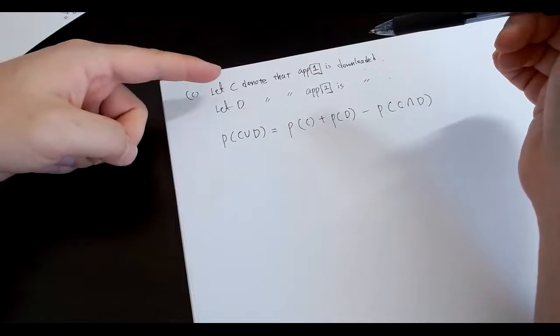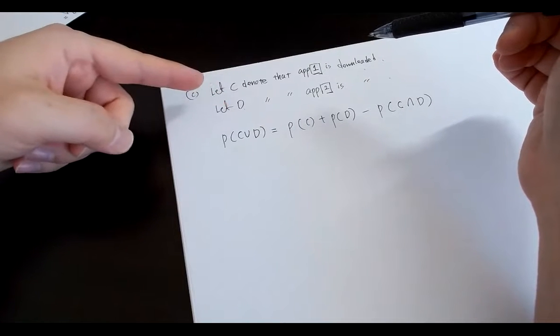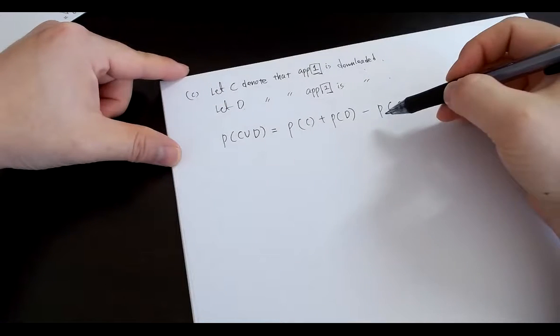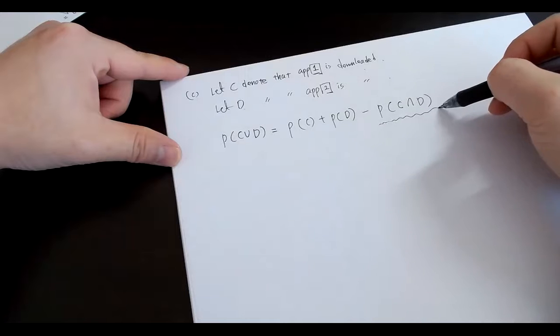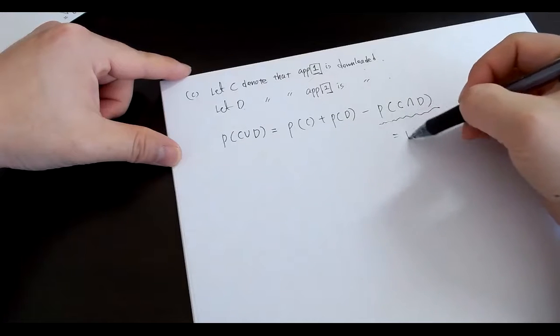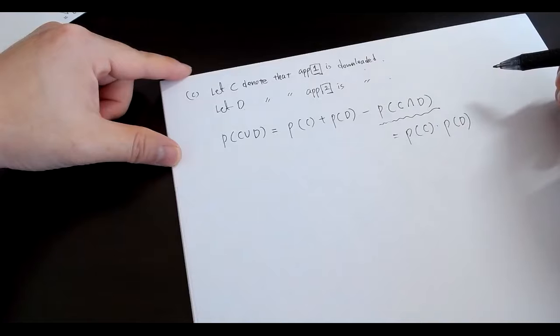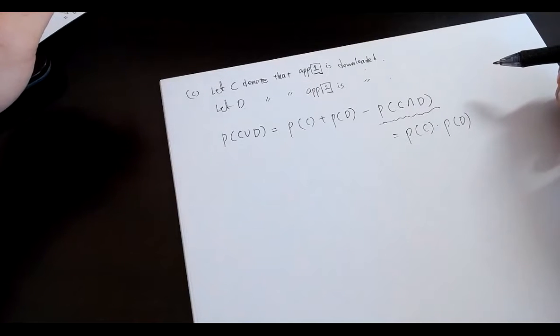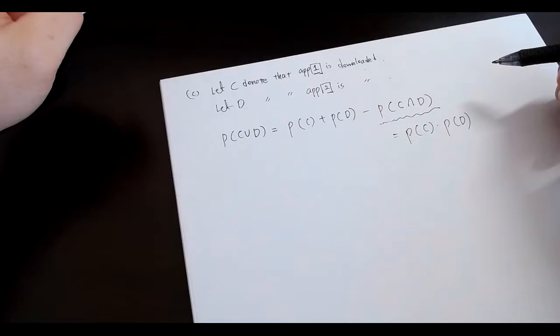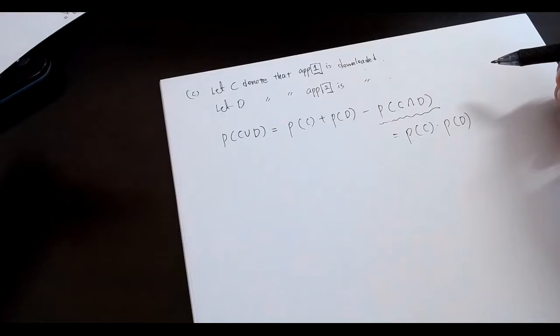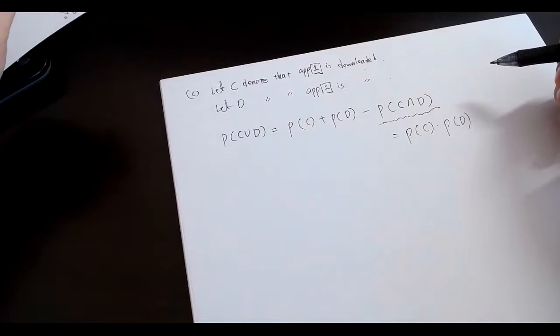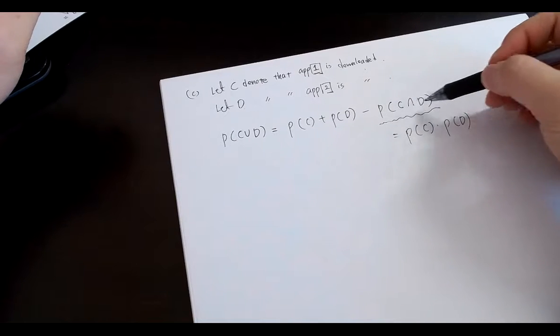Now, C and D are independent, right? If two events are independent, then P of C and D becomes the probability of C times the probability of D. When you select an app, it's impossible to select both apps, app 1 and app 2.